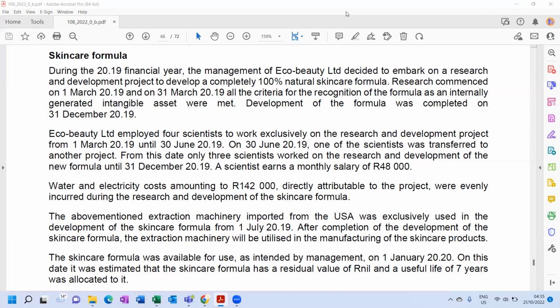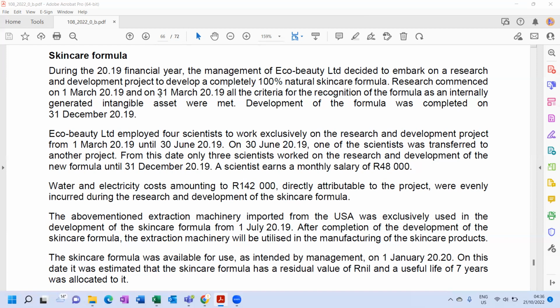And what type of asset? An intangible asset. Okay, so just take note of that. So here they're saying on 31 March, when it went into the development phase, all the criteria were met. So therefore, all costs from 31 March, basically all costs from 1 April, will be capitalized. Okay, so just take note of that.